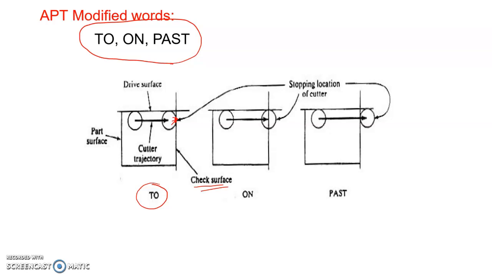ON means it has to reach up to the center of the tool. PAST means the tool has to completely pass the check surface, and when the rear portion of the tool reaches the check surface, the tool has to stop.